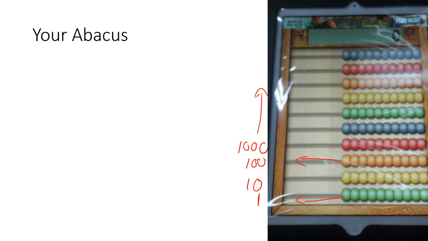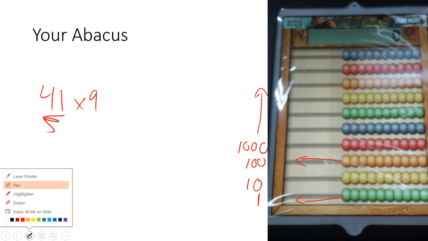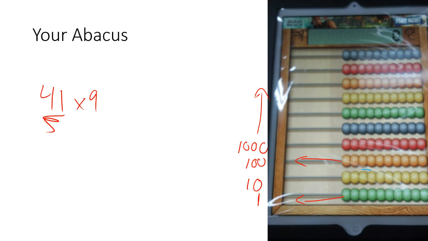Right. So the first thing we're going to do is find 41, since we have 41 times 9. So we want to find 41 with this. In the tens column, we're going to move 4 over because there's 4 tens, and then we're going to move 1 in the ones column.